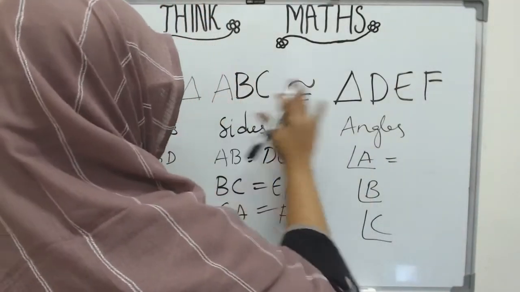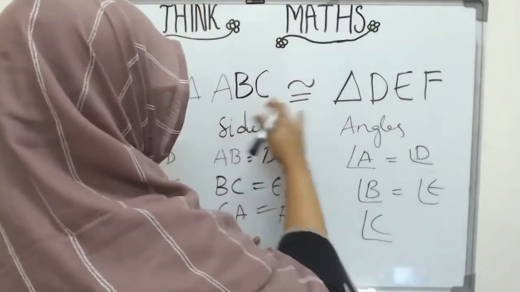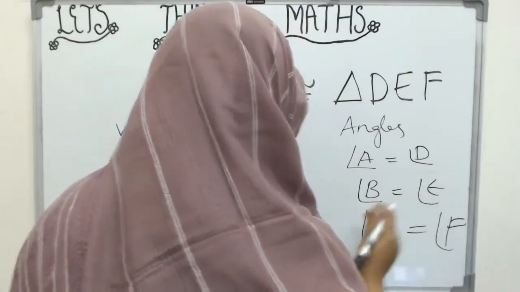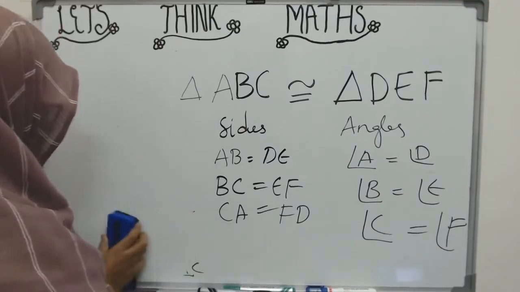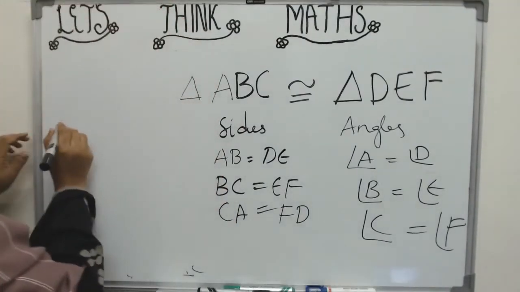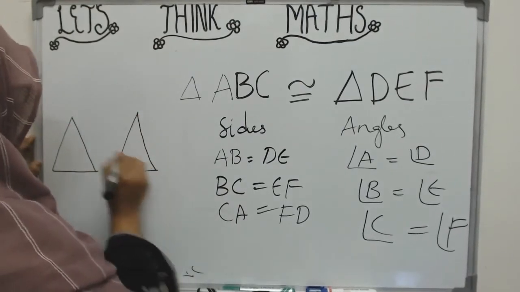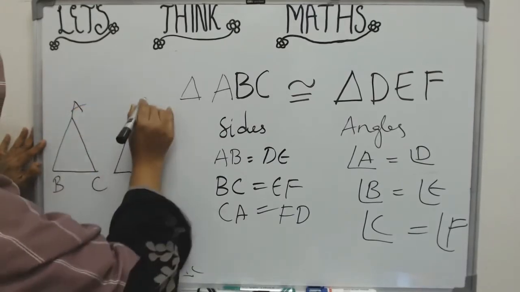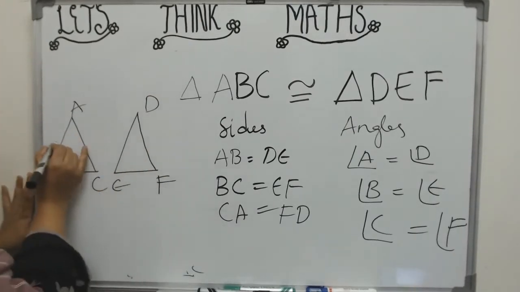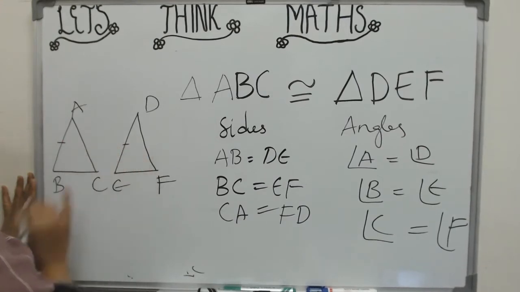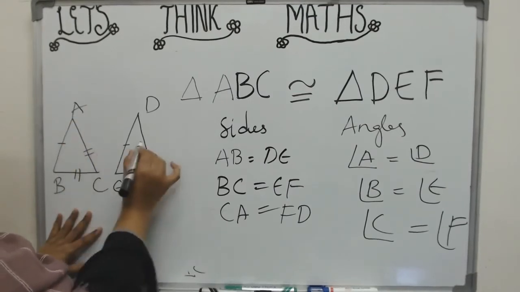Similarly, angle A is equal to angle D, angle B is equal to angle E, and angle C is equal to angle F. Or in other words, if you have two triangles like this, in such a way that AB is equal to DE, BC is equal to EF, and AC is equal to DF.